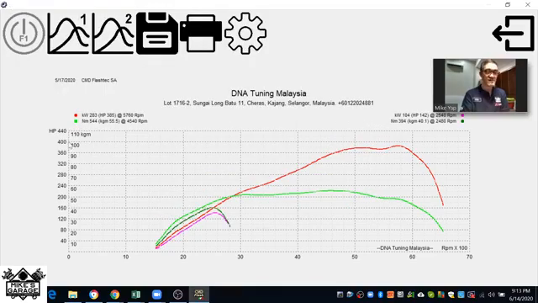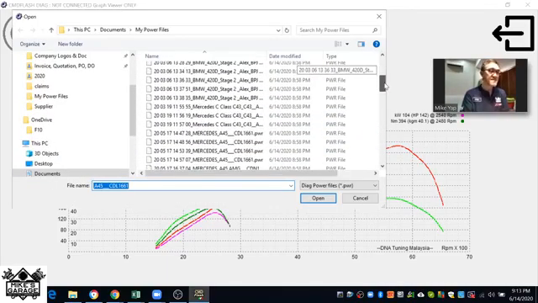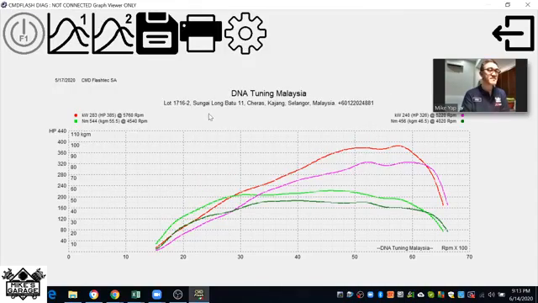Oh, sorry, this is a bad run. Let me pull another one out. Yep, there you go. As you can see here, there are two power runs. Both are stock runs.